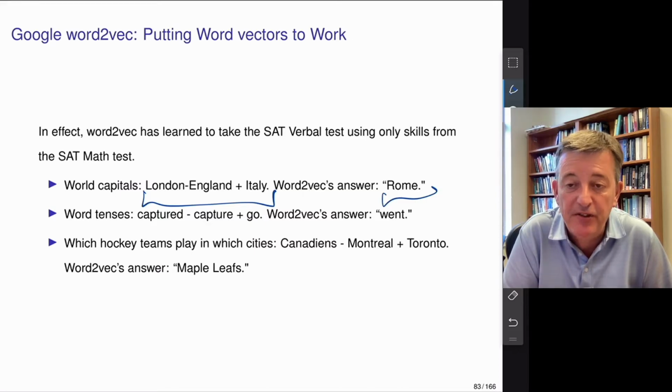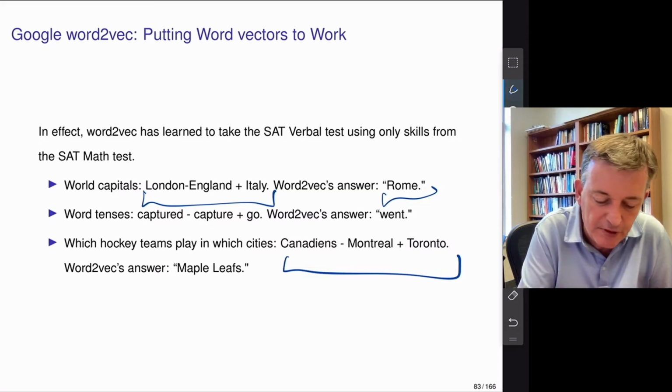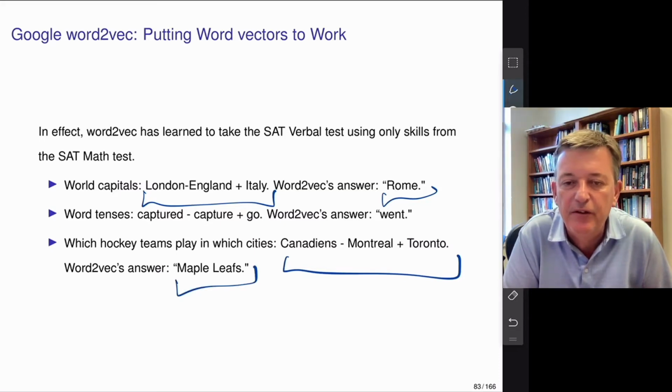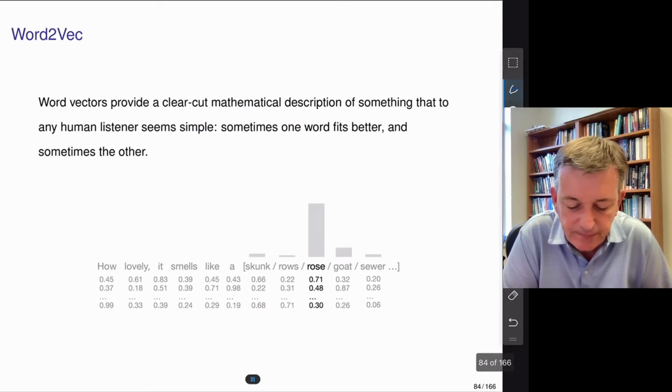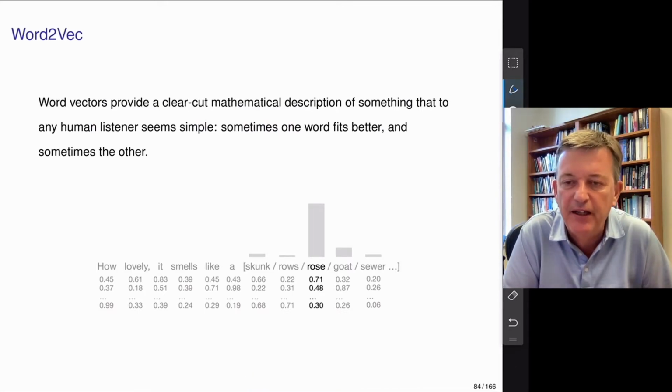In a sense, it's really just a massive big lookup table where you've basically pattern matched and it's filling in the differences. So, Canadiens minus Montreal plus Toronto will identify the Toronto Maple Leafs. And again, remember, everything is sort of probabilistic in these frameworks. Nothing is that clear-cut 0-1.